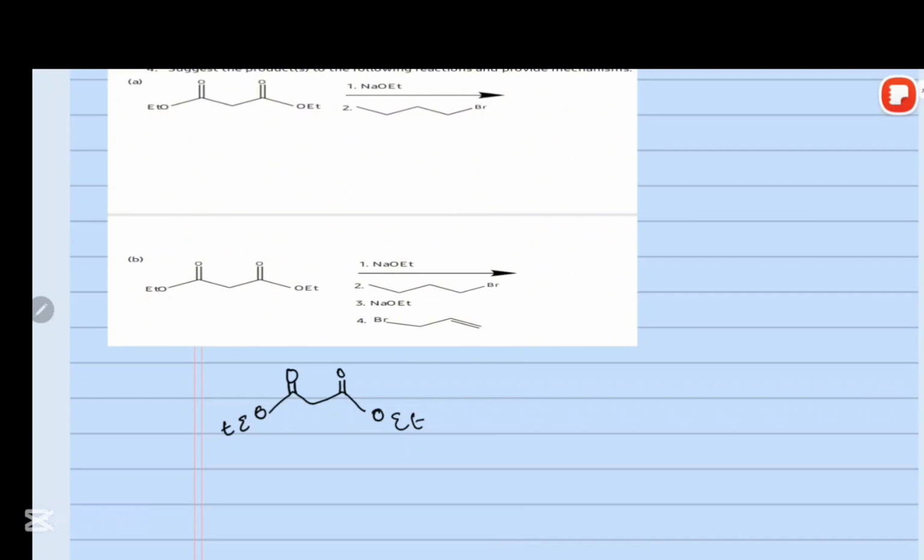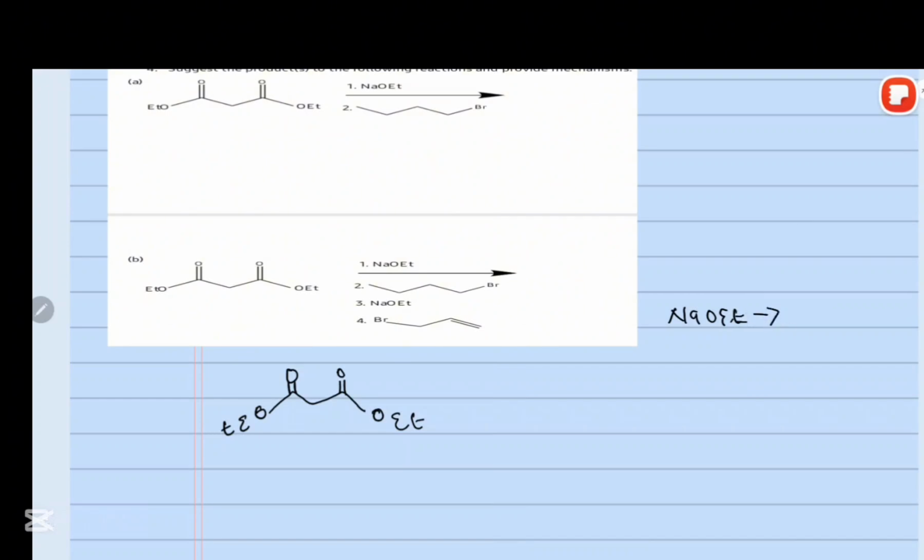Then the base we have been provided, sodium ethyl oxide, will undergo the process known as ionization.